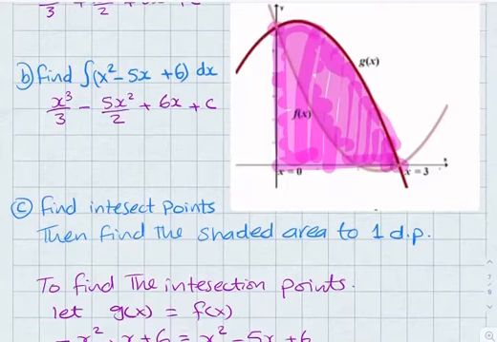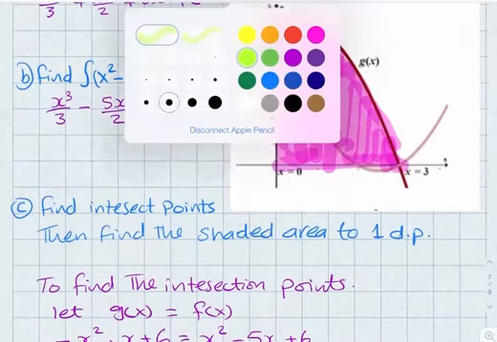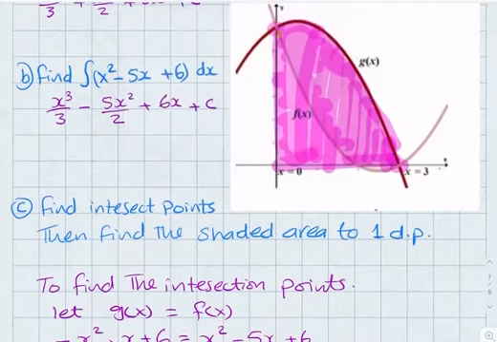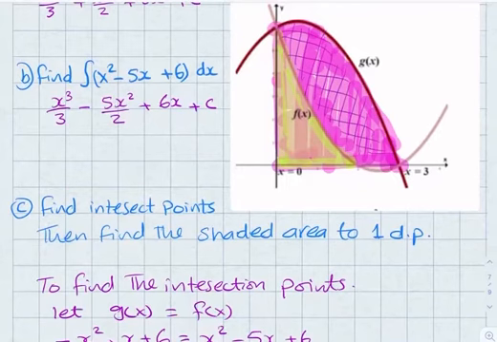And the green one here is the area under this curve, which is f of x, and the x-axis. So basically, to find the shaded area, we would say the integration of g of x minus f of x. Okay?